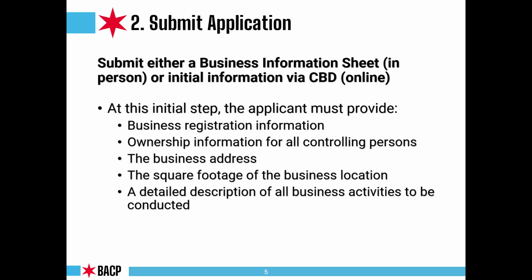And so you want to be very, very clear as far as the activities that you're engaging in or the operations that you're looking to run. And this is so that, again, we can properly license you and properly determine if that activity that you're looking to engage in is allowed at that address that you're providing us or at that address that you're thinking of conducting business at.